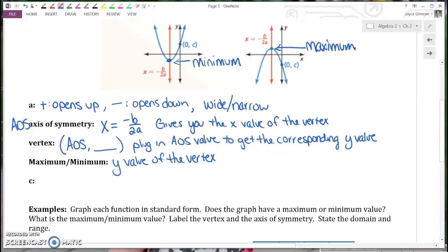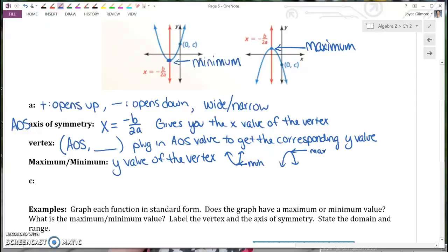That is the largest y value that exists on your graph. So it's a maximum if the graph opens downward. It's a minimum if the graph opens upward. And you might think, oh my gosh, that's tons of stuff to remember. But if you just look at the picture of the graph, if the graph opens upward, then that is obviously a minimum. If the graph opens downward, then that is your maximum.